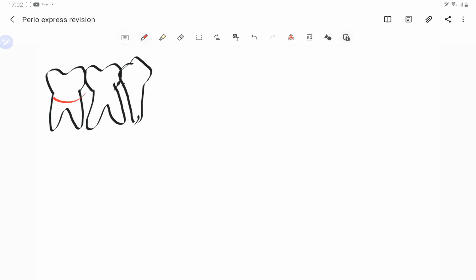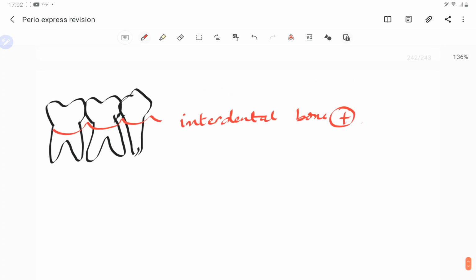So normally what happens, the interdental bone is like this. So you see that interdental bone, when interdental bone is present, we call it pyramid interdental bone. You can see we call it a positive architecture, guys. That means this is an ideal osseous form. So ideally the bony architecture is supposed to be like this.